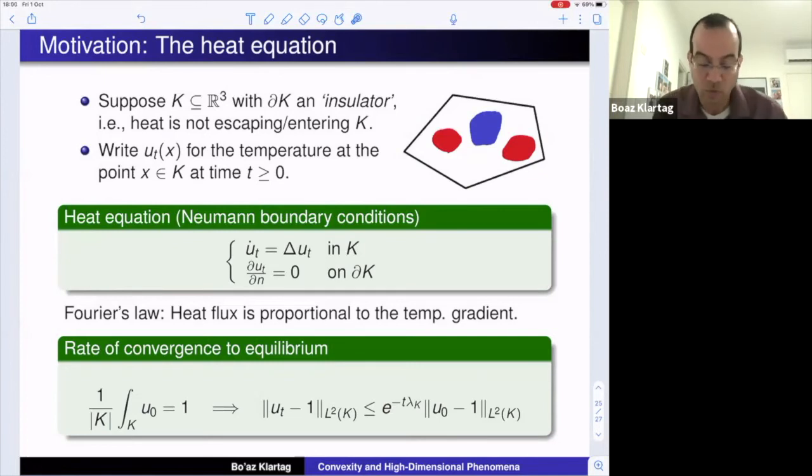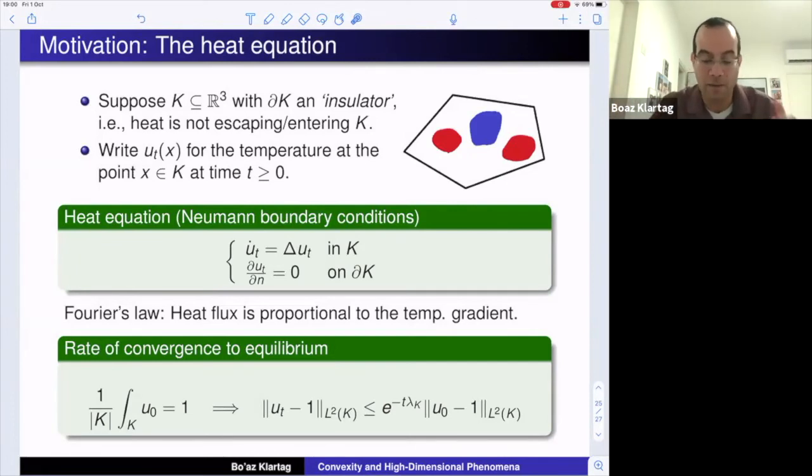The Poincare constant is exactly the first non-zero eigenvalue, with a minus sign, of the Laplacian with Neumann boundary condition. The first eigenvalue is just 0 with the constant eigenfunction, and this is exactly the spectral gap, the Poincare constant. And therefore, it governs the rate of convergence to equilibrium.